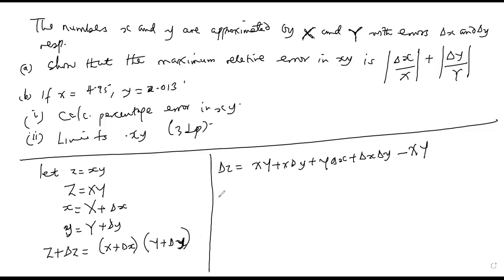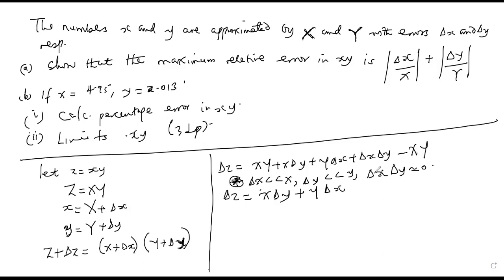So these ones will cancel and remain with your delta z as X delta y plus Y delta x. Don't forget to tell me that delta x is far less than X, and delta y is far less than Y. Therefore, delta x delta y is approximated to 0. So that is how we get delta z as X delta y plus Y delta x.